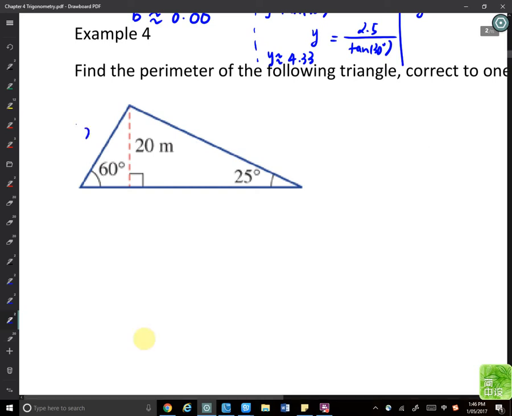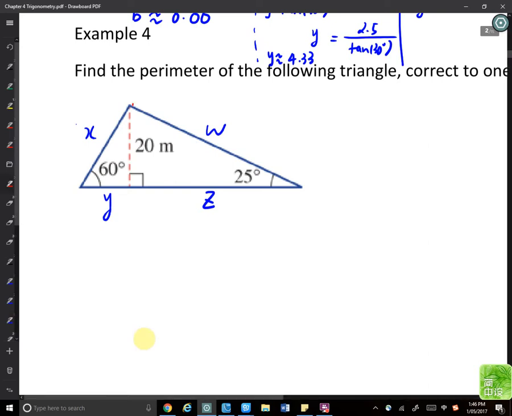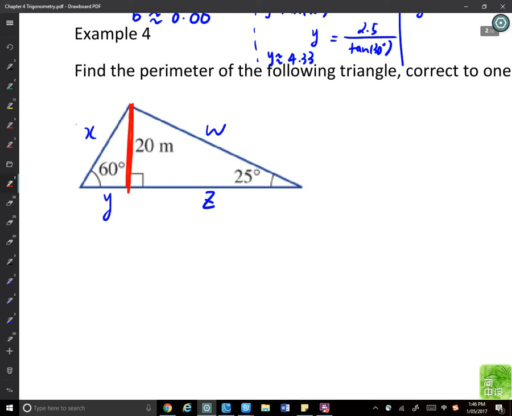So let's give a name to all of them: W, X, Y, Z. The only thing you know is the height, which is 20. But you know angle 60 and you know angle 25. If you can find W, X, Y, Z, you can find out the perimeter.